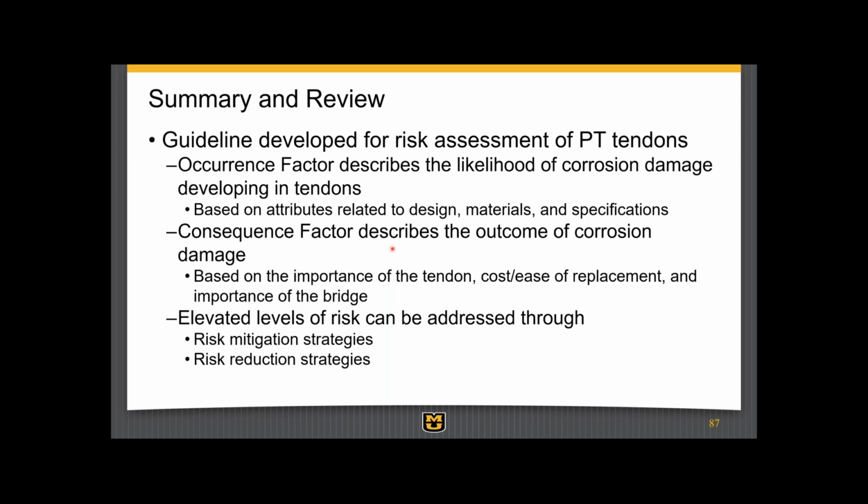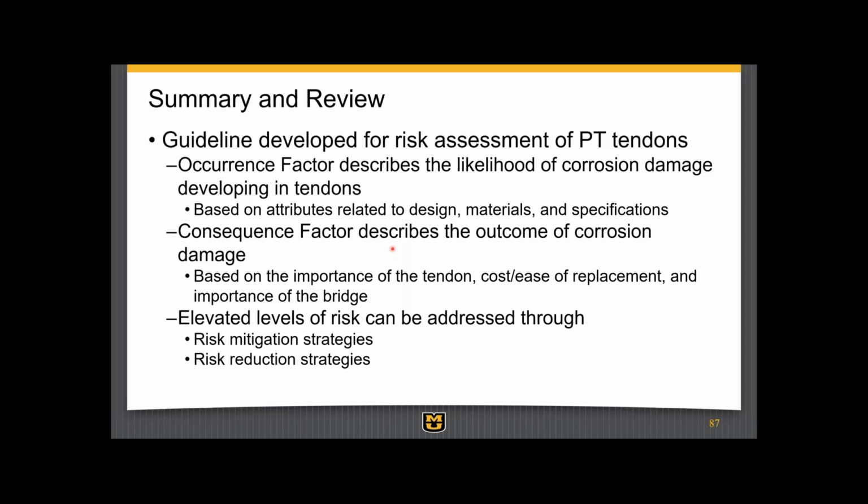I think I ran a little long, Greg, but hopefully we still have some time for questions. Just to give a little summary and review: the guideline that was developed, available I think at the link here, was based on a couple of factors, an occurrence factor and a consequence factor, and how to calculate those based on expert judgment, making a quantitative model from some qualitative rankings of importance and impact on the likelihood of corrosion damage.